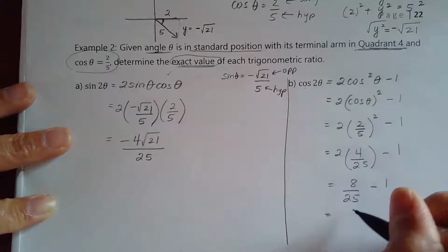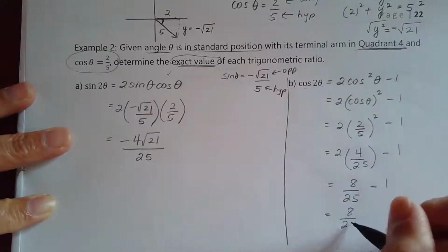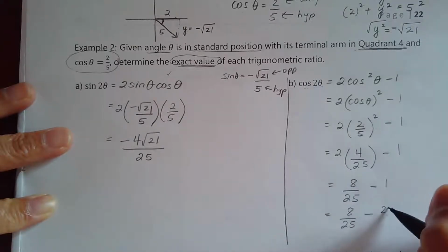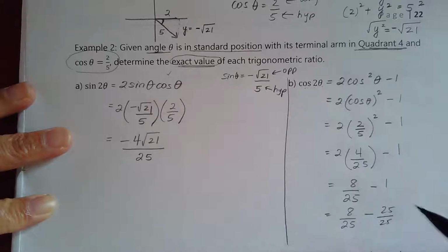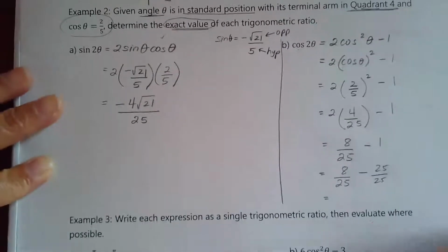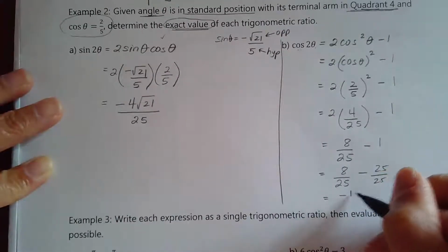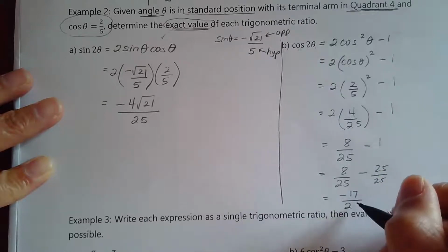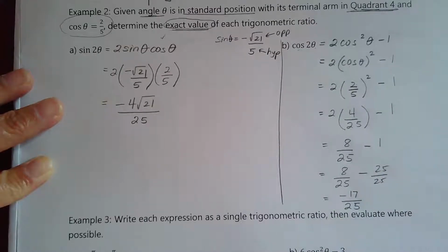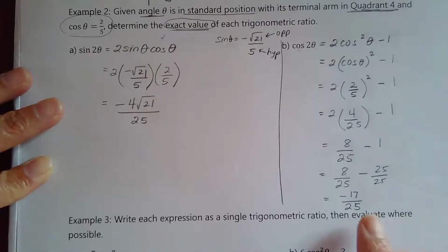And 1 is the same thing as 25 over 25. So that's equal to negative 17 over 25. Okay, negative 17 divided by 25.